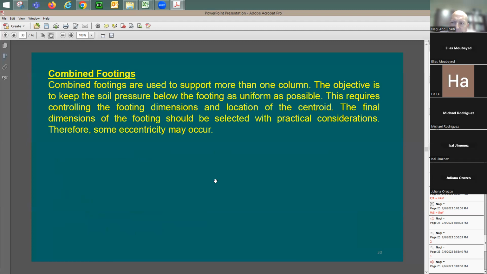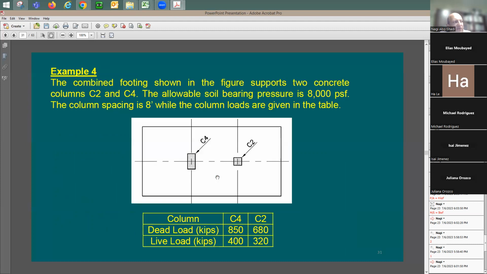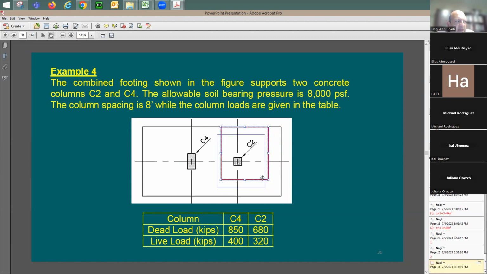Now, after this, we're going to work on combined footing, which means one footing supporting two columns. It happens a lot. When the two columns come close to each other, they're going to kind of overlap. Let's say for the first column, I need a footing of this size. For the second column, I need something like this.